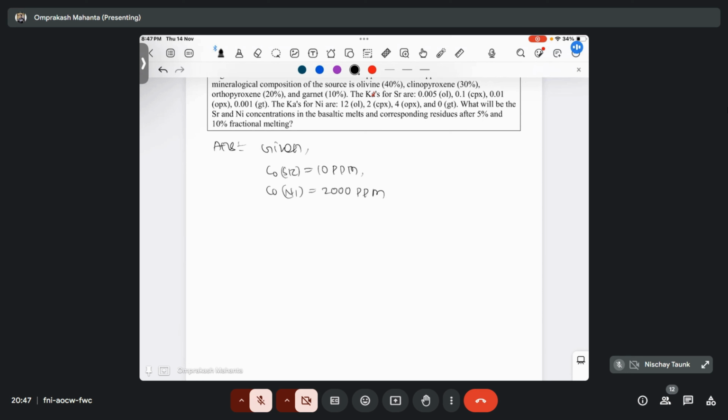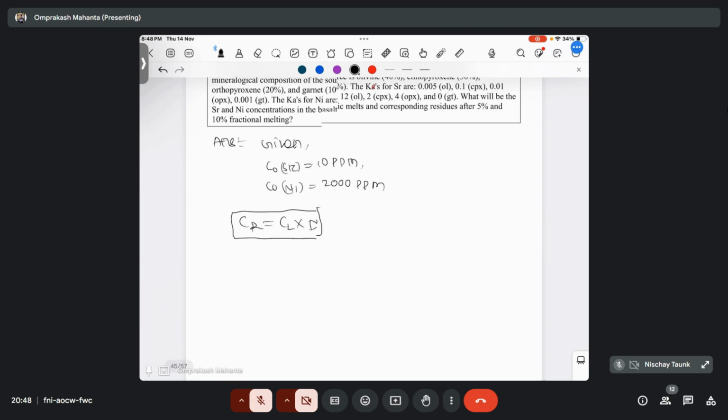I did not tell you before the formula for the concentration of residue: Cr equals Cl into D. So for that you need to find the Cl value first.